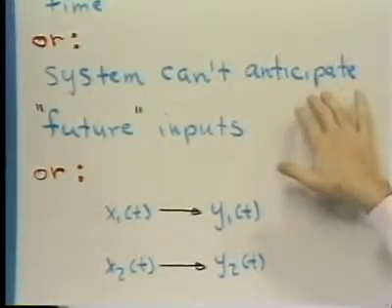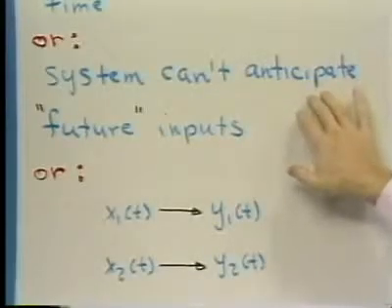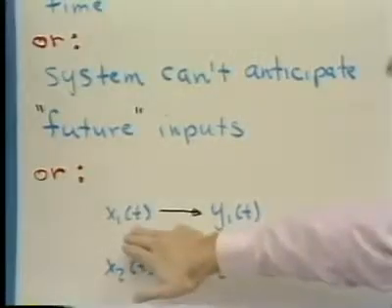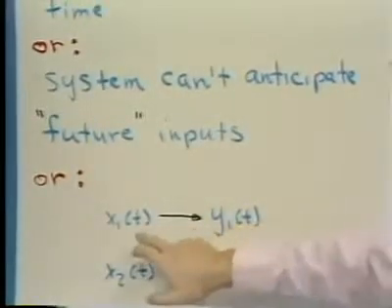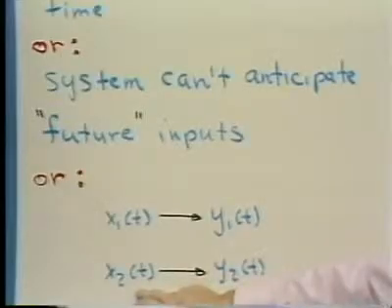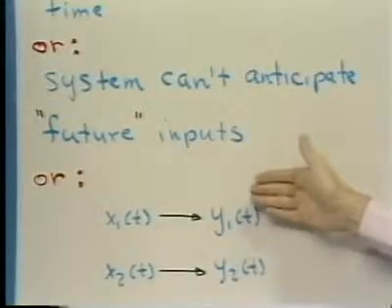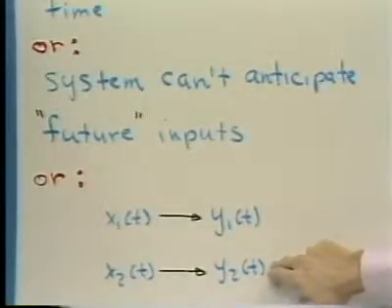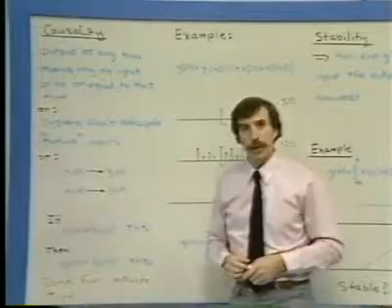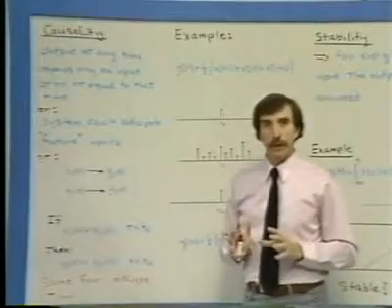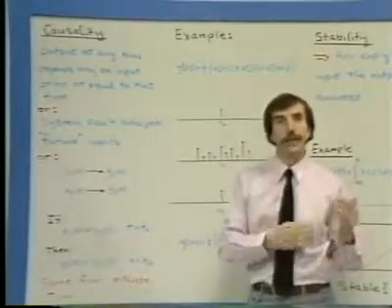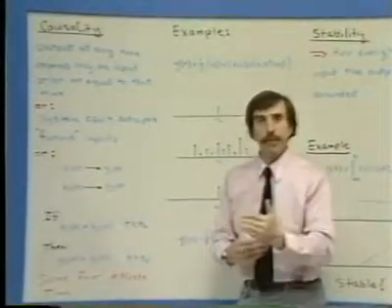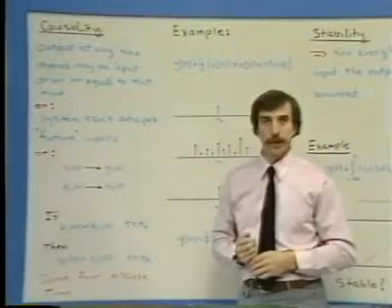Finally, an alternative way of saying it mathematically is as follows. If I have two signals, x1 of t and x2 of t, with their associated outputs y1 of t and y2 of t, then a system is said to be causal if and only if it has the property that if those two inputs are identical up until some time, then the outputs are identical up until the same time.